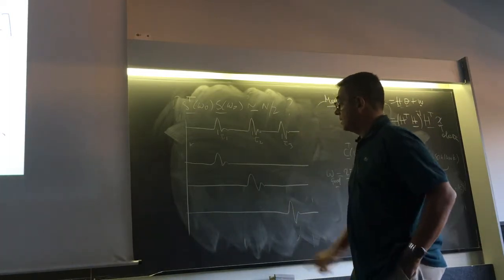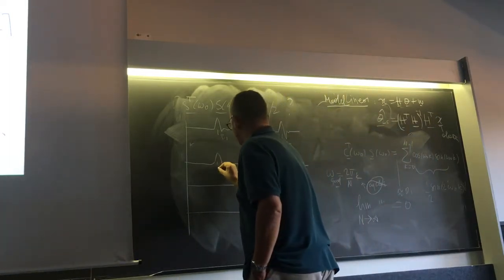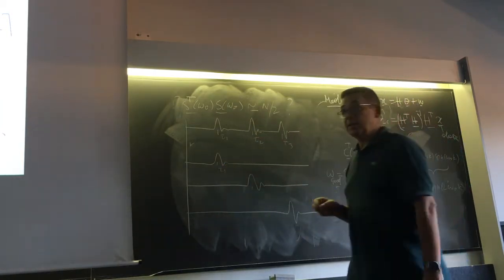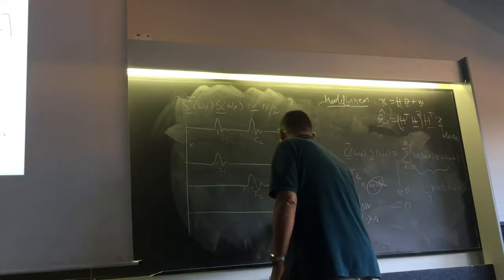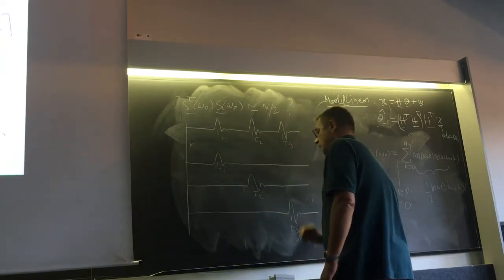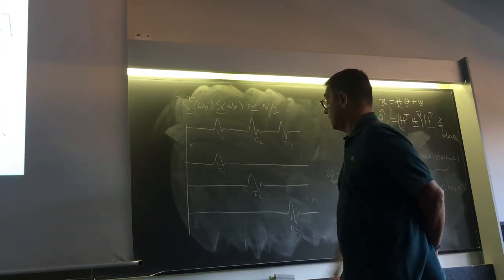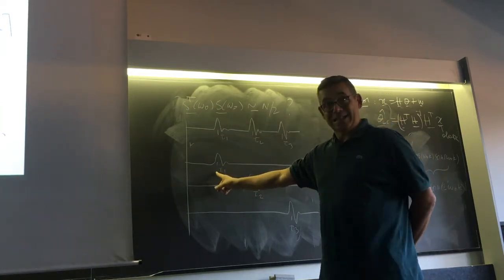This is delayed by tau 1, a single pulse, delayed by tau 2, and one delayed by tau 3. What is written there is g of t delayed by tau 1 and sampled.